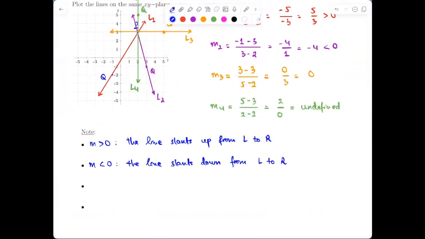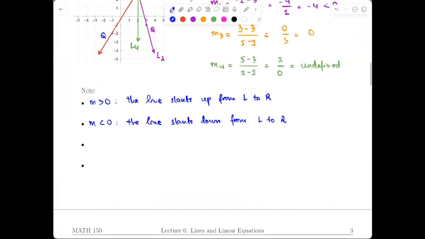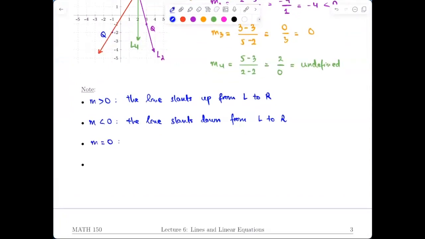Okay. Now, when the slope is equal to 0, the line is horizontal, or you have a horizontal line.